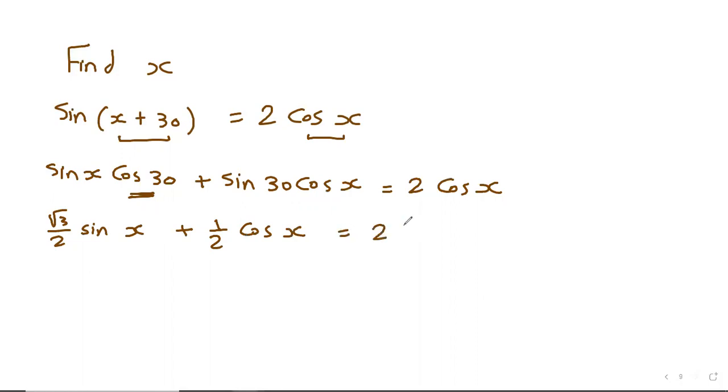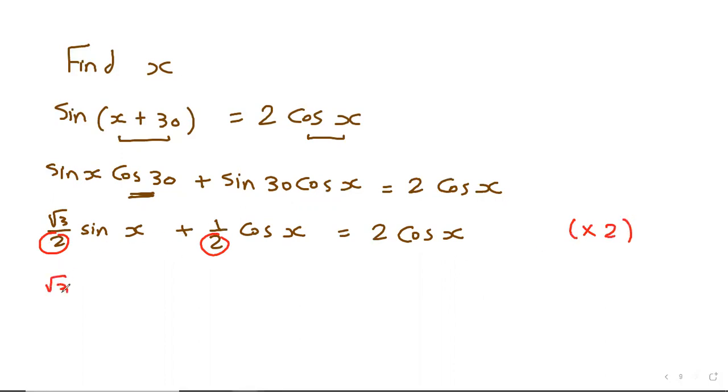equals 2 cosine x. I want to cancel this 2 written in the denominator, so multiply all terms of the equation by 2.